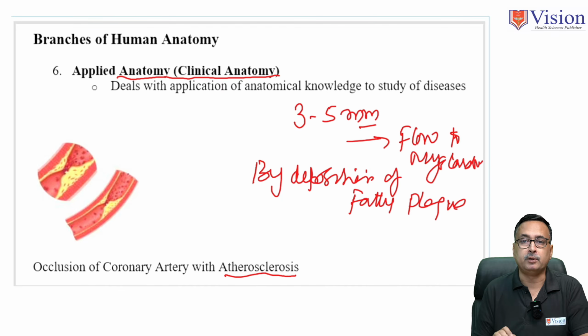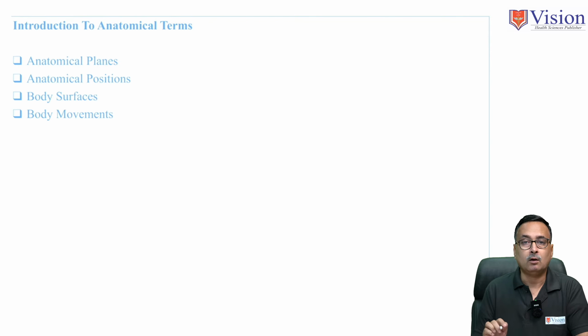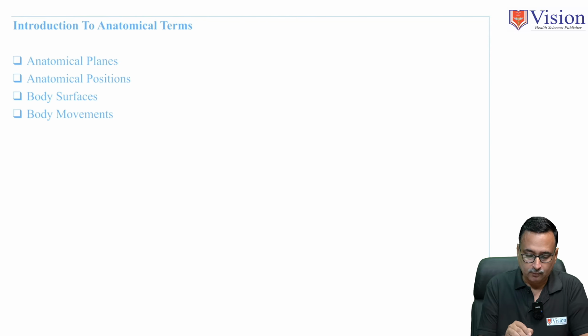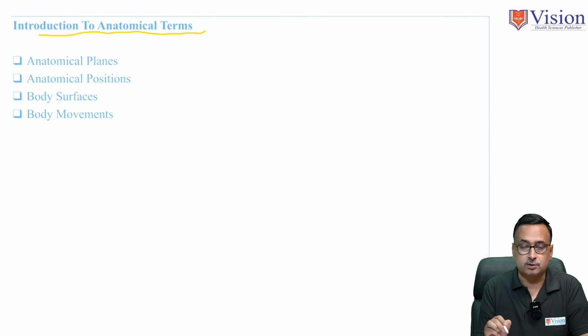So applied anatomy helps to find out the deviation in internal body structures with the help of different imaging techniques. Now next topic, we start with the study of anatomical terms.